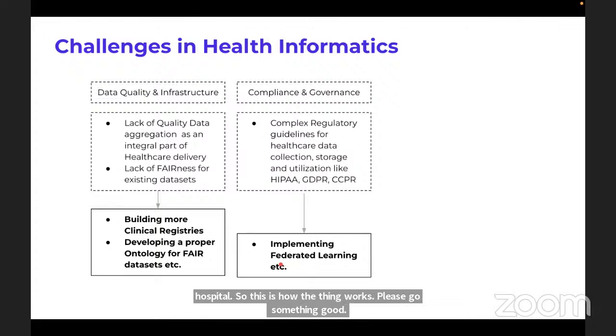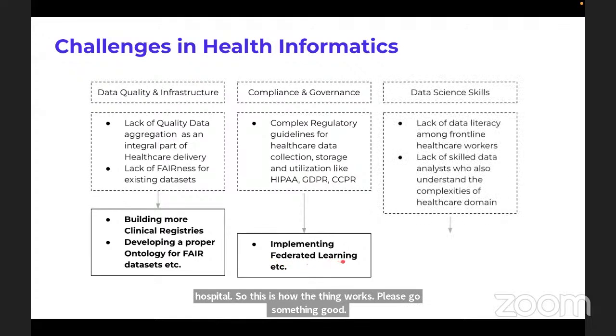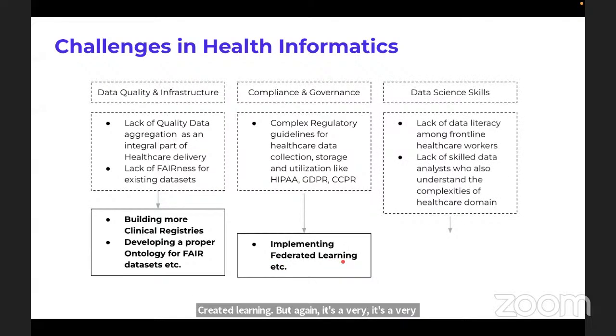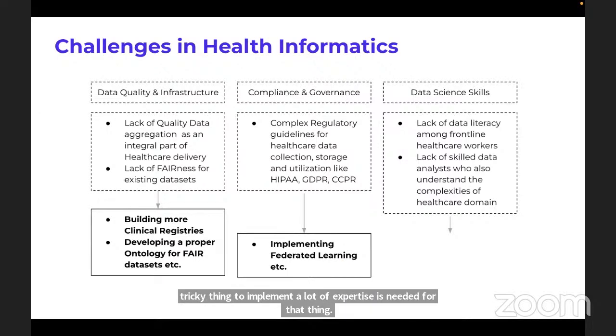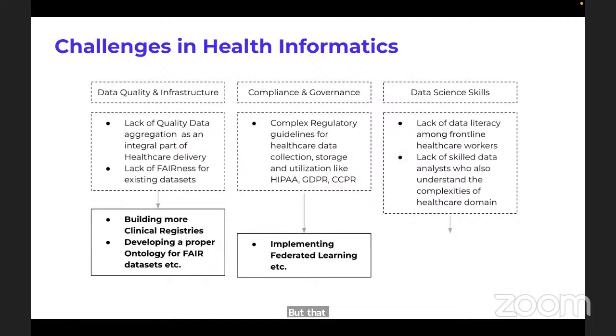But again, it's a very tricky thing to implement. A lot of expertise is needed, but there is a feeling in the industry that things are going in that direction, because you can't aggregate and store diverse healthcare data in a central repo given the data sensitivity.